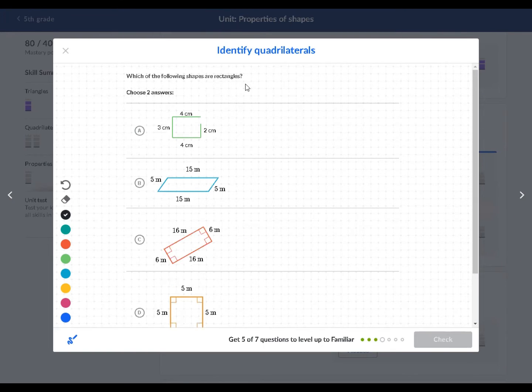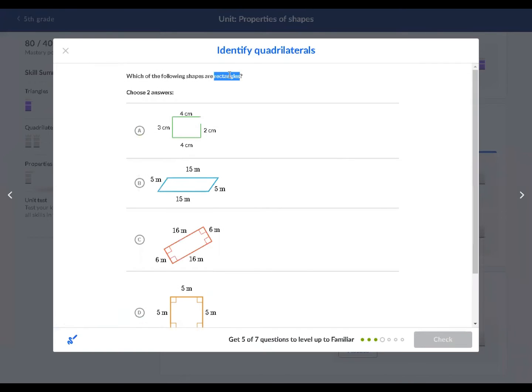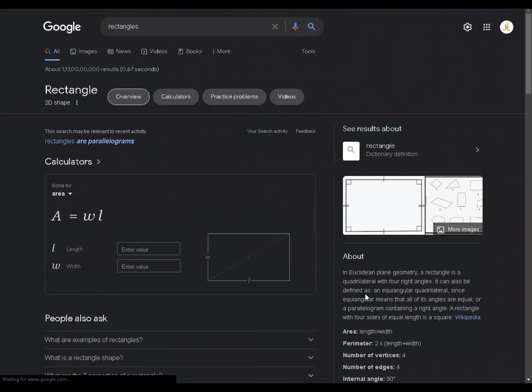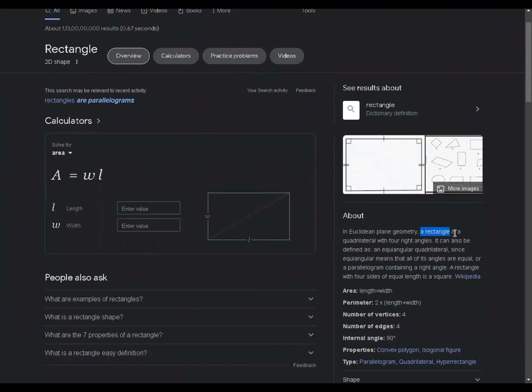Which of the following shapes are rectangles? So the main definition of rectangles, I'm just going to show you. A rectangle is a quadrilateral with four right angles. It can also be defined as an equiangular quadrilateral.